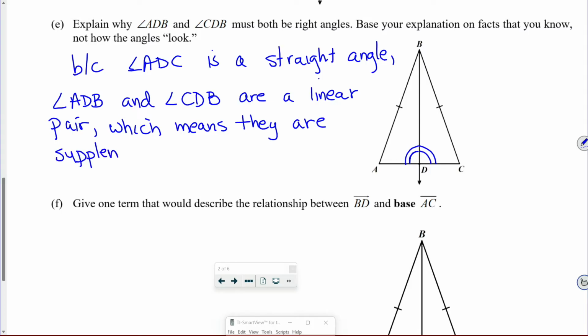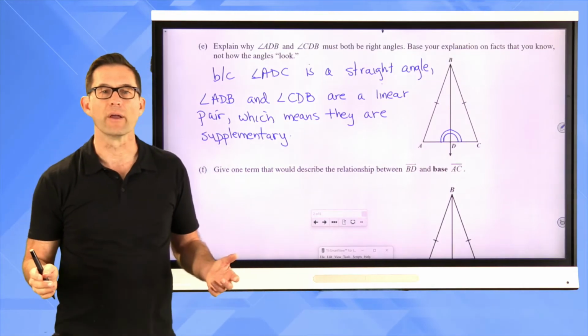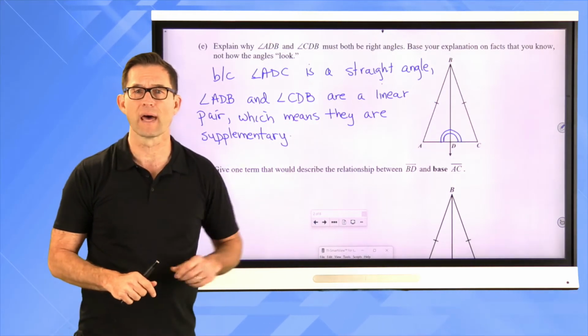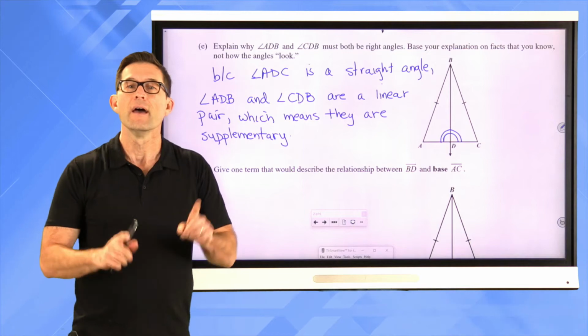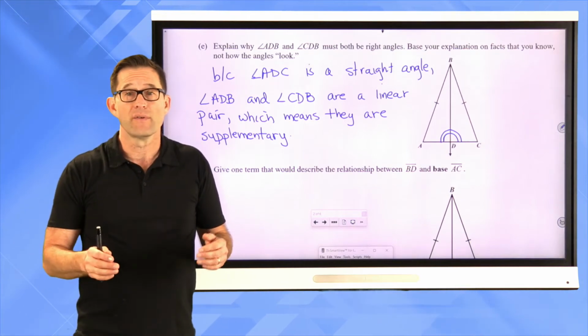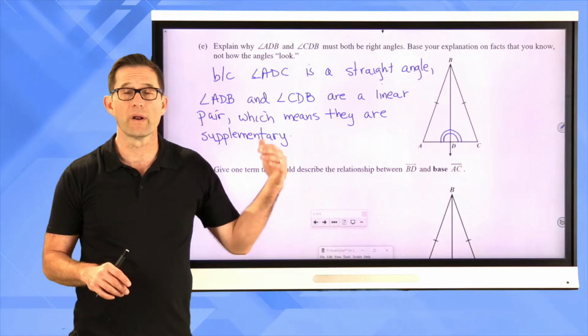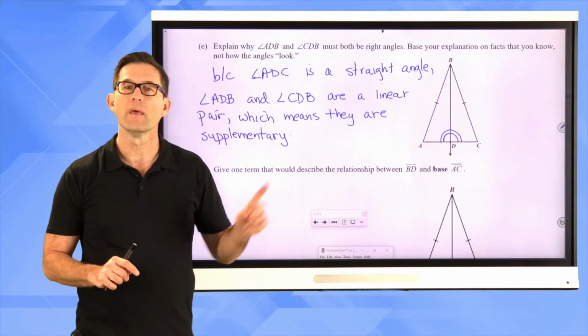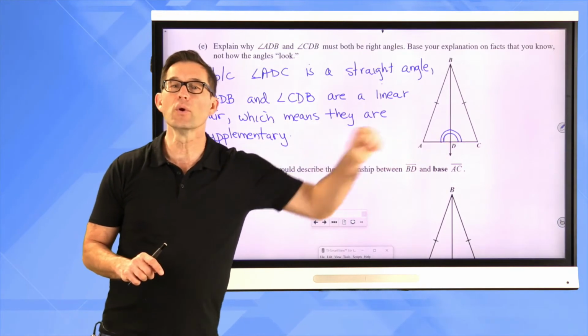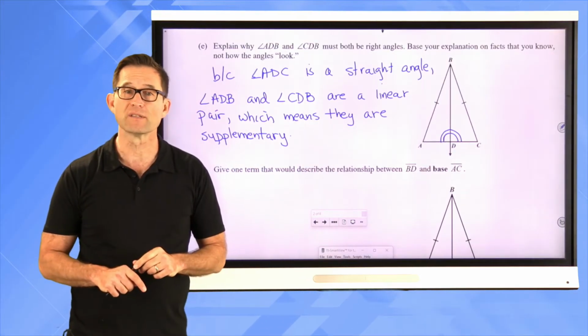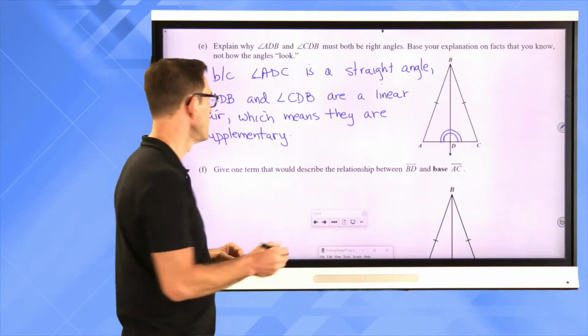What does it mean for two angles to be supplementary? It means they have to add up to 180 degrees. Linear pairs add up to 180 degrees. Now, normally you could have maybe this one's 80 and this is 100, or this one is 120 and this one's 60. But these two angles are congruent to each other, and since they're congruent to each other, they both must be equal to 90 degrees.